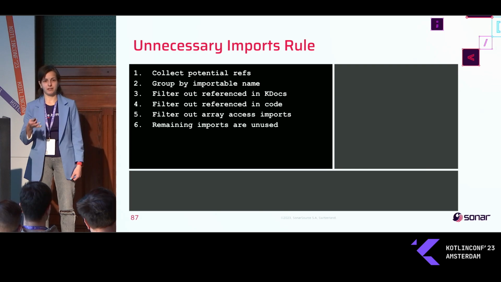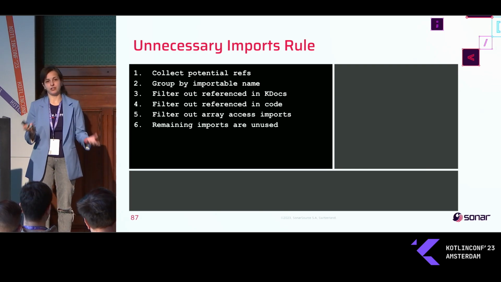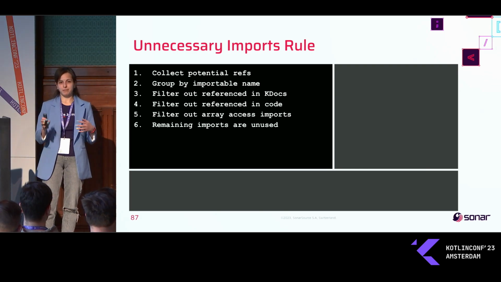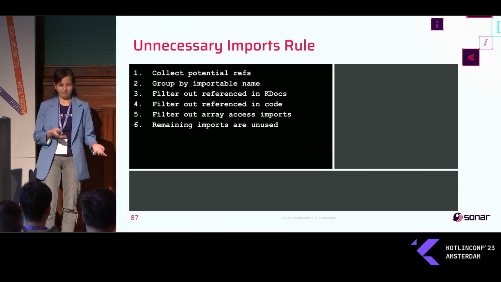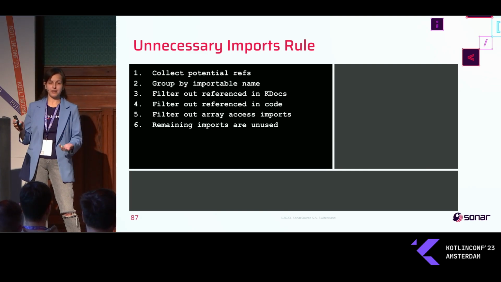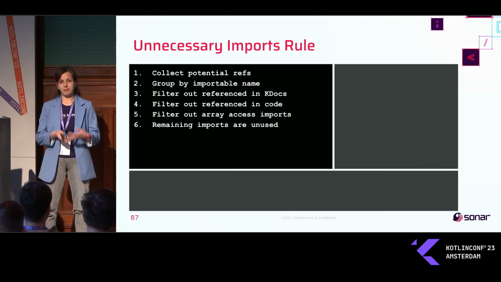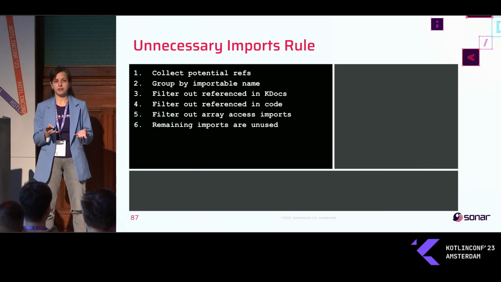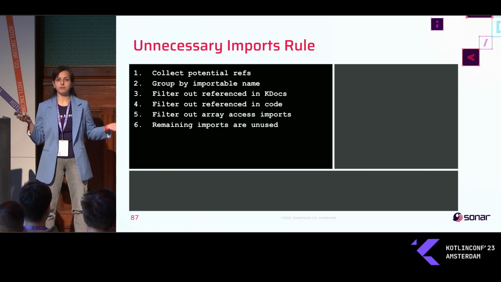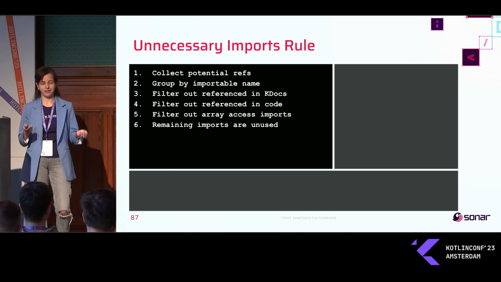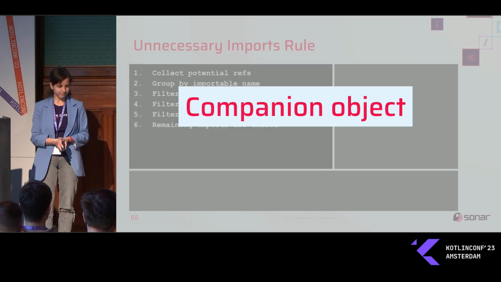We decided maybe it's okay just to collect all potential references, group them by importable name, filter out everything that's referenced in KDoc, filter out everything that's referenced in the code, and then all the remaining imports could be considered unused. Sounds smart. Sounds like that's how we should implement this.